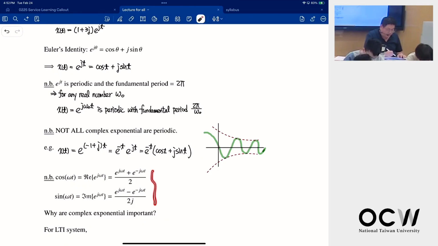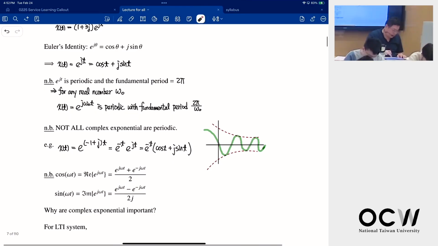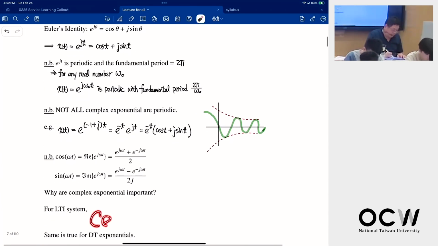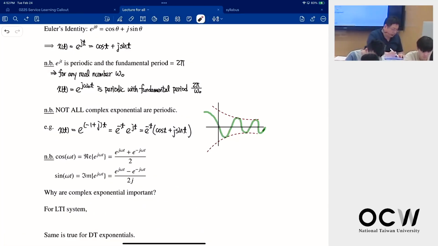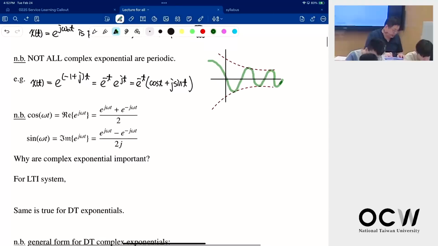Why are complex exponentials so important? Because in an LTI system, whatever input we have going through the LTI system, you get a similar output.